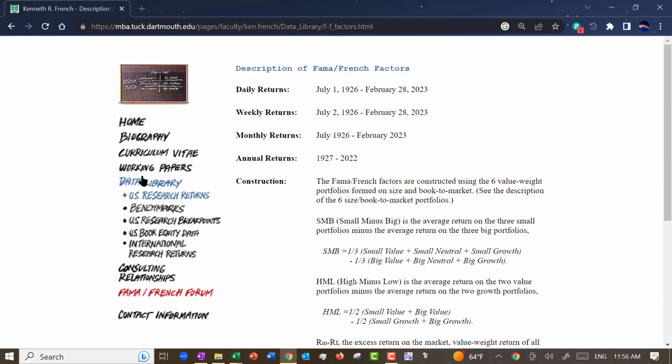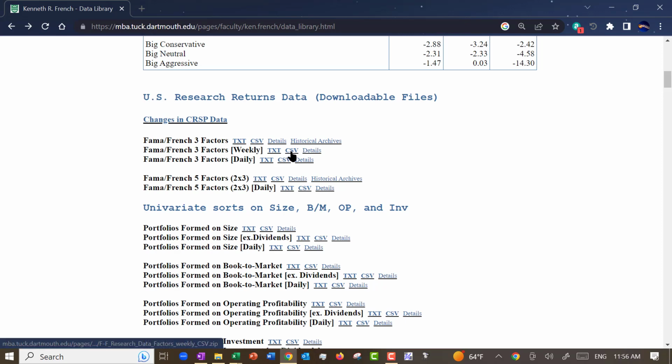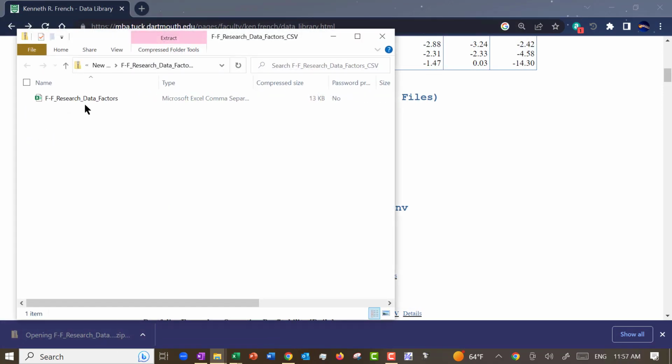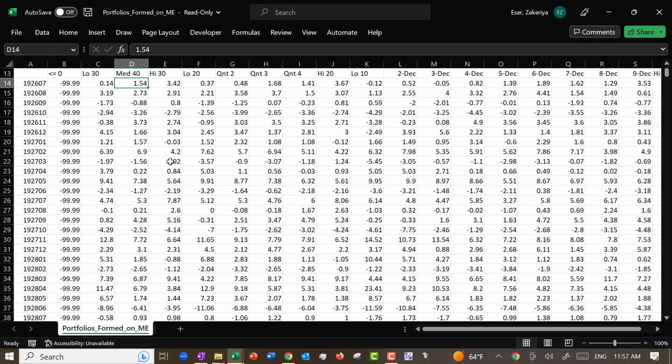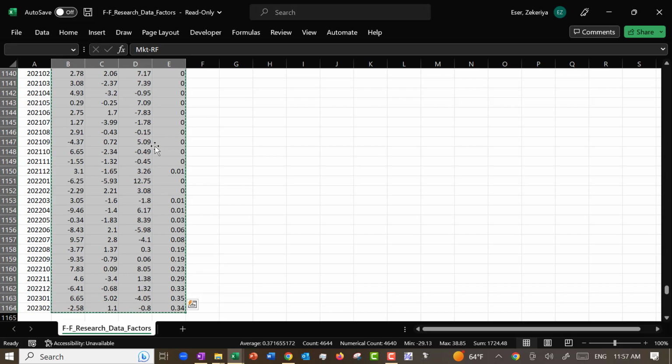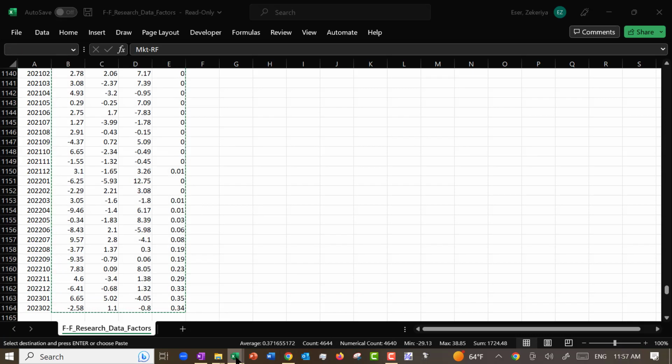All right, so let's get those. CSV. We already have data on the market risk premium. For now, I'm going to take all of these, okay? And let's put the values in.